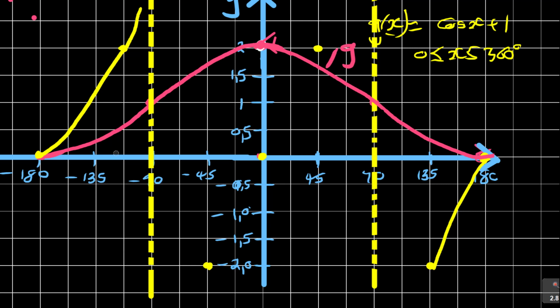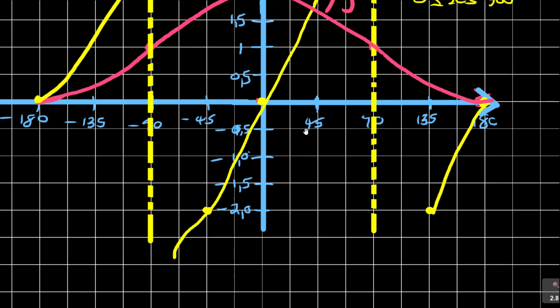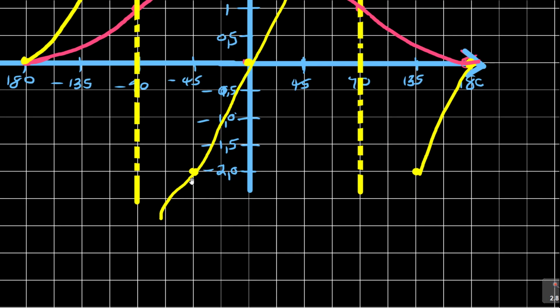Alright, and then here, so that is fine. Let's have it like this, but in reality it was going to become asymptotes there, but it's fine like this, but make sure that it doesn't touch there. Alright, and then make sure that your graph doesn't touch here.